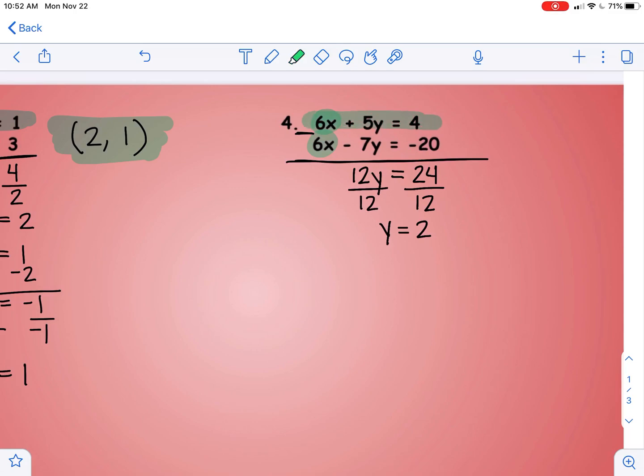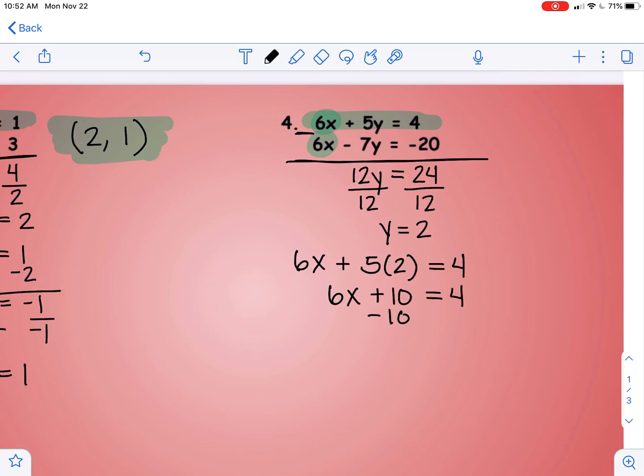And then I am just going to use this top equation right here to solve for x. So I'm going to have 6x plus 5 times 2 is equal to 4. So I've got 6x plus 10 is equal to 4.